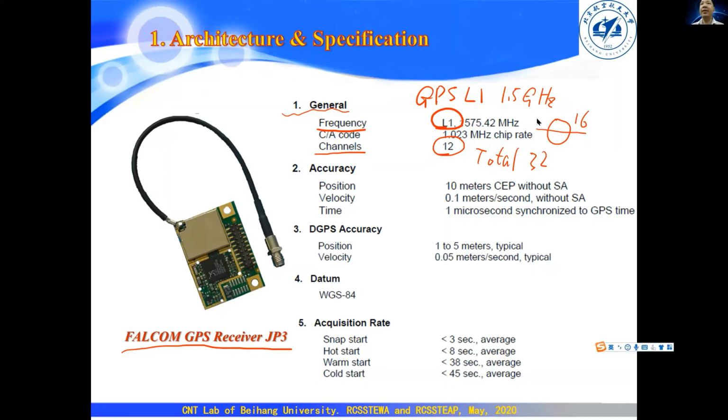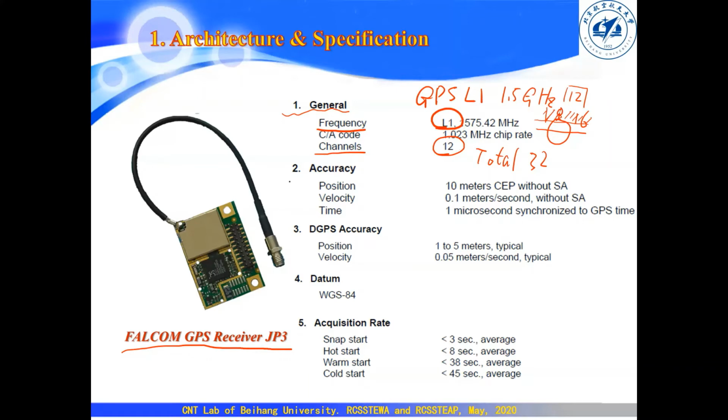And depending on where you are, commonly no more than 12 satellites are above you. For example, in Beijing, commonly we will see about 8 or 9 satellites. So 12 is enough for most cases.